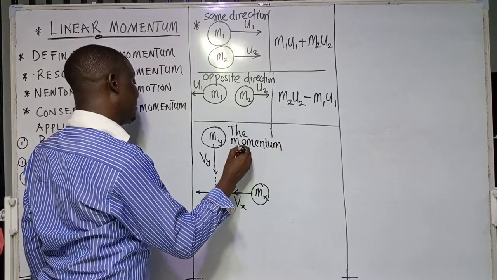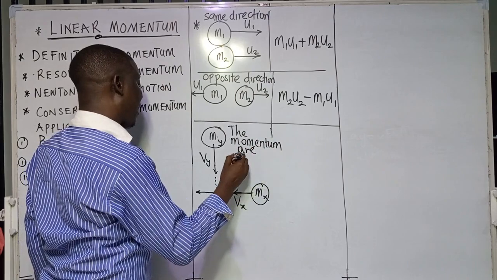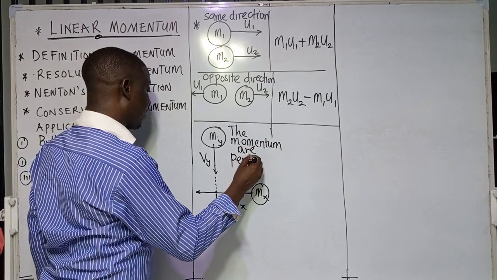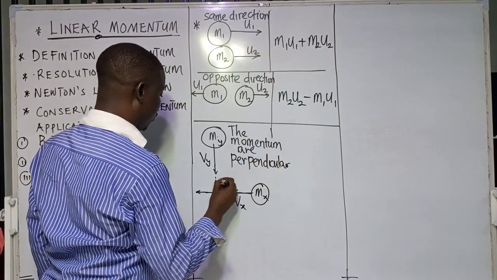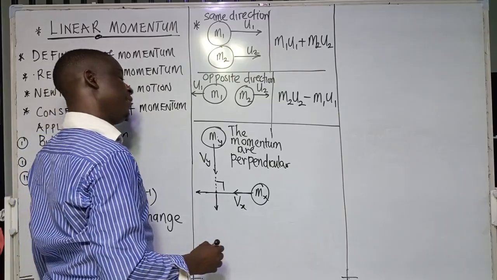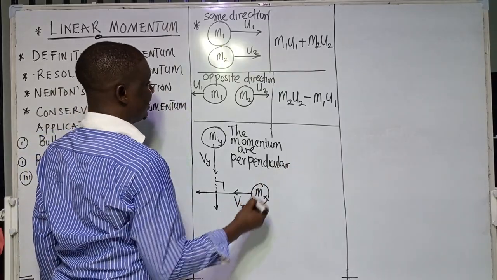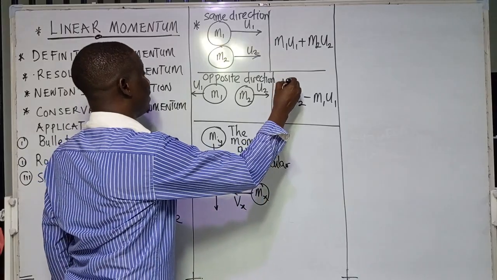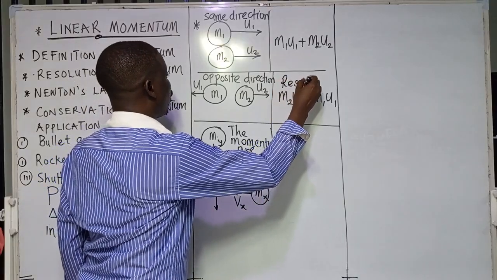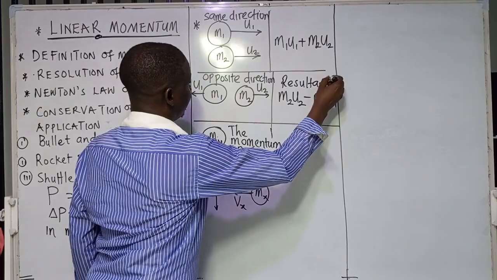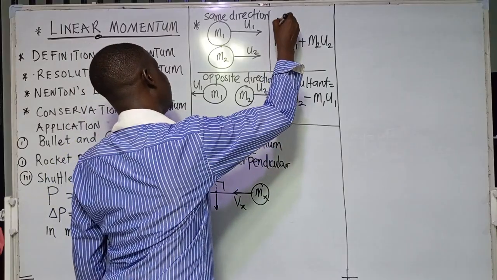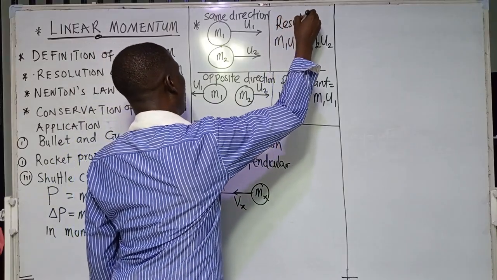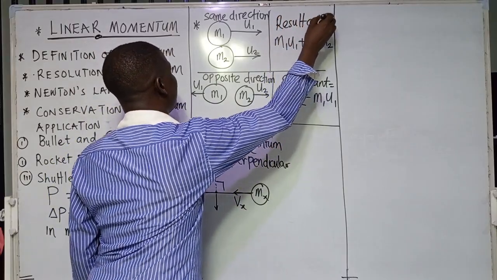So the momenta in this case are perpendicular, that means at right angle. If you want to find the resultant, what we are looking for here is the resultant momentum, or what we call the net momentum. What will be the resultant momentum?